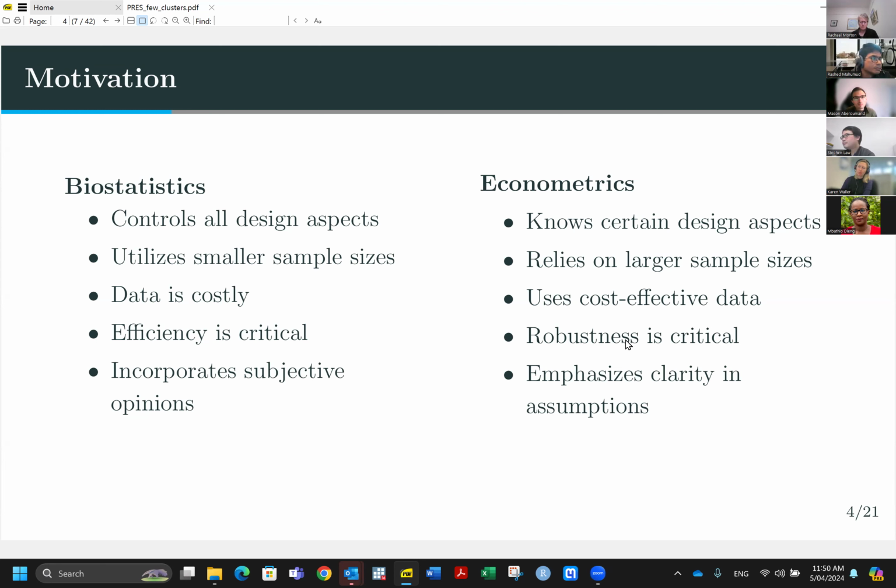So these are big sample sizes, where you can allow yourself to be inefficient. But the benefit is that you can allow yourself to be robust. Do you know what I mean? Because you can use methods which use few assumptions, and that's critical because in the quasi-experimental literature, further assumptions might get you in a really strange place.